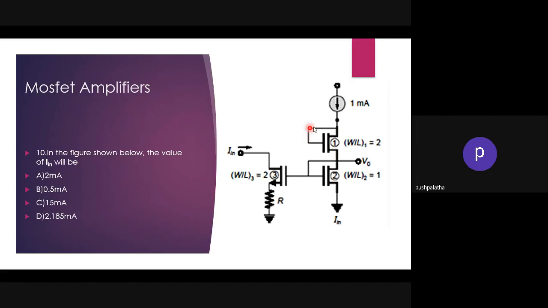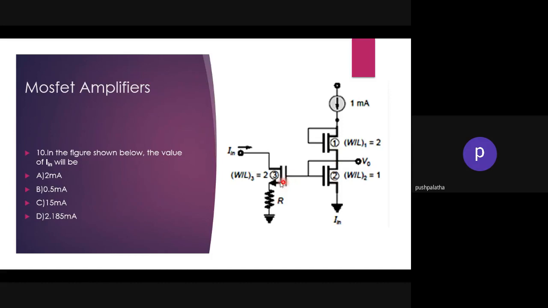Its drain and gate are shorted, which means it is in the saturation region, the completely on state. In that state the device will act as a short circuit, so from this point to this point it is a short circuit. So this 1 milliamp will flow here, so the current flowing through device 2 is 1 milliamp.